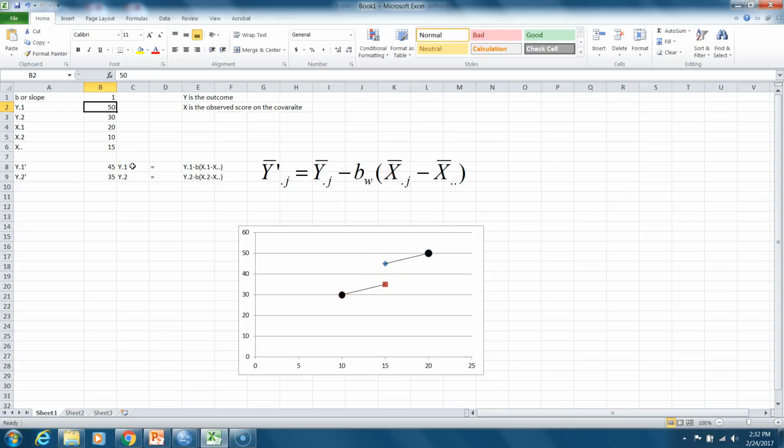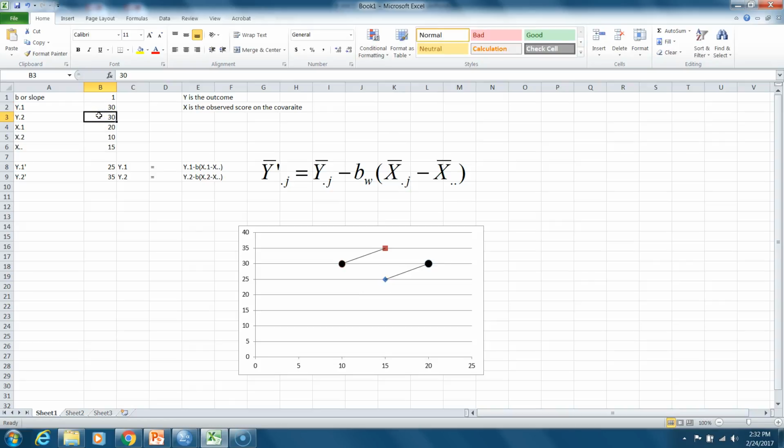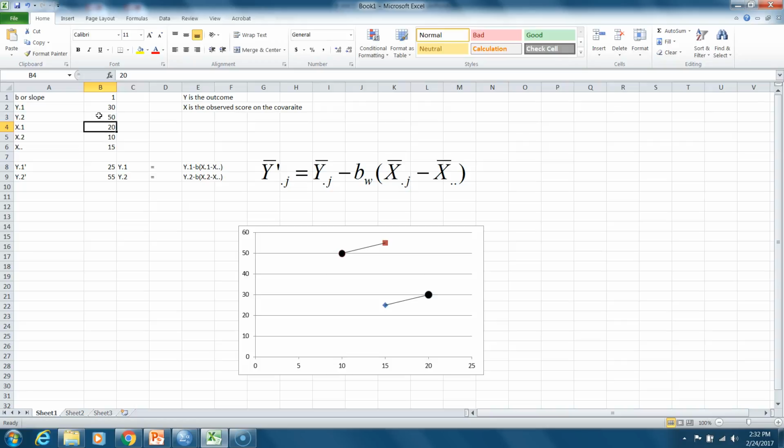And let's look at the other example from our textbook. Our other example swaps these two outcome measures, and makes this 30 and makes this 50. And what we can see, I'll start with this at 0, is that the mean for group 1 is 50, and the mean for group 2 is 30.